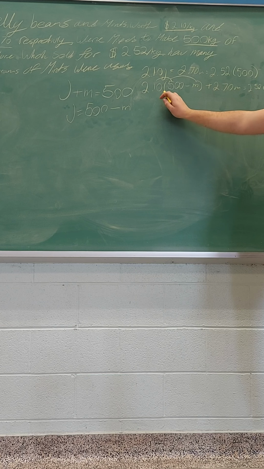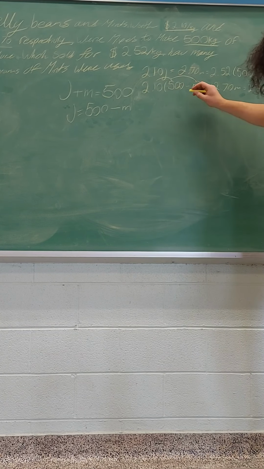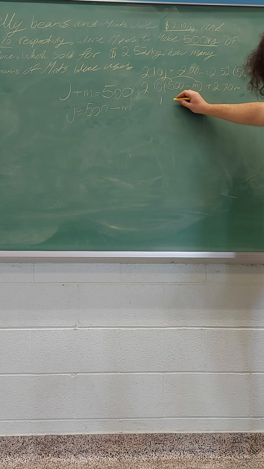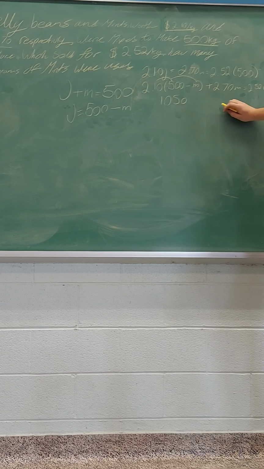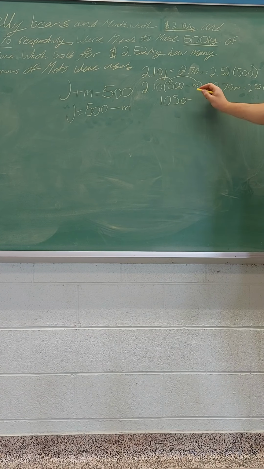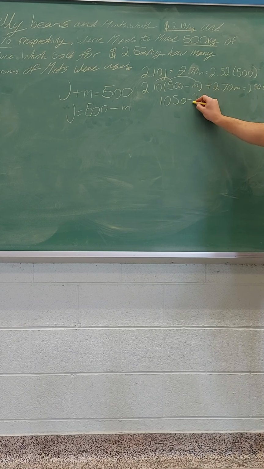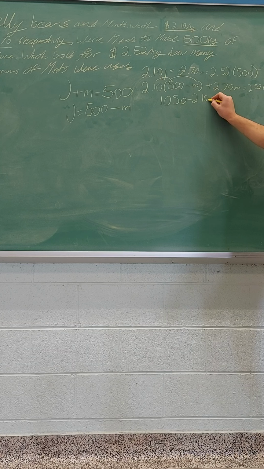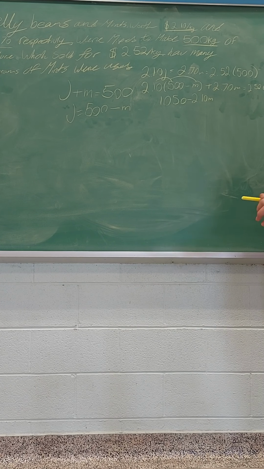So 2.10 multiplied by 500 gives us 1,050, and minus 2.10M, because the sign's still inside and the M is just a 1 when it's by itself.